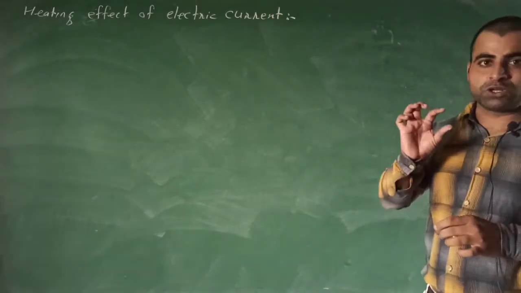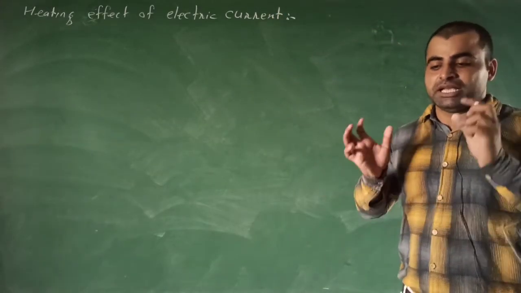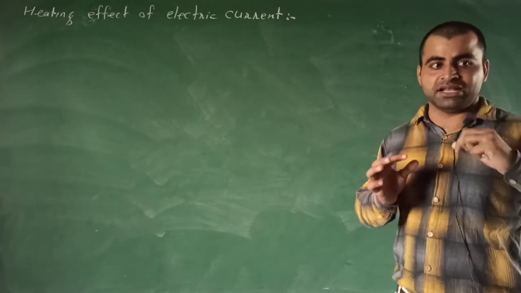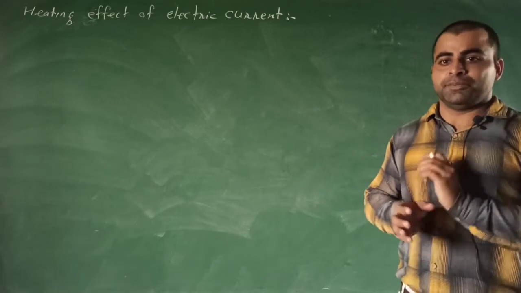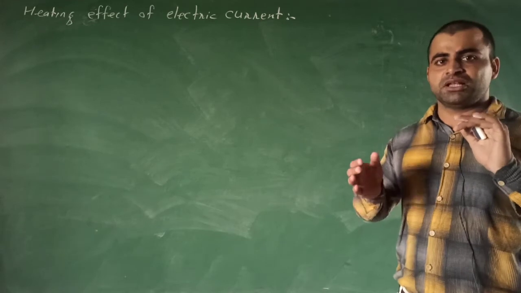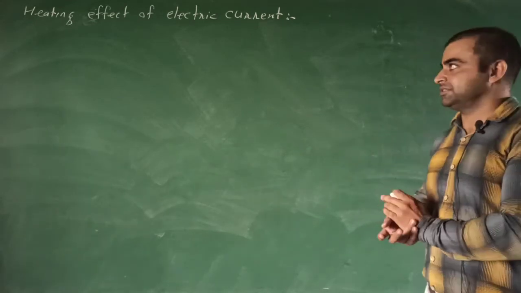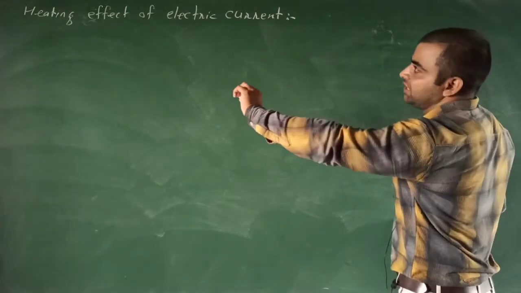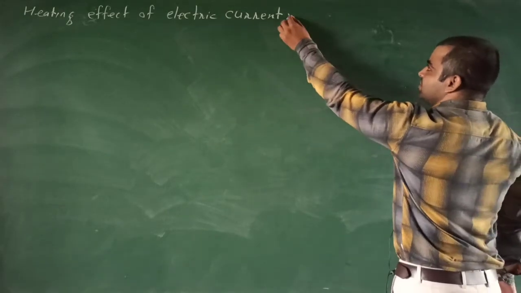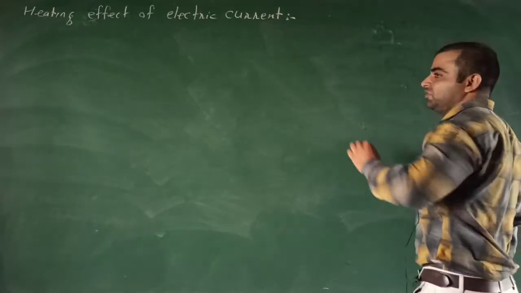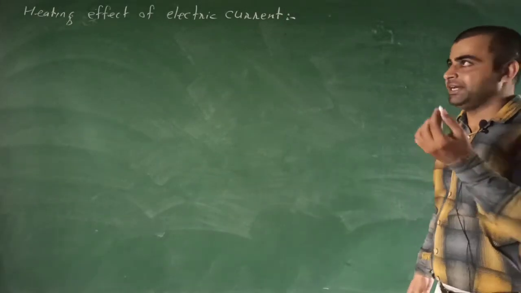For a purely resistive component, meaning a component that has high resistance, most of the electric energy is converted into heat energy. So in the heating effect of electric current, we will discuss the conversion of electrical energy into heat energy.